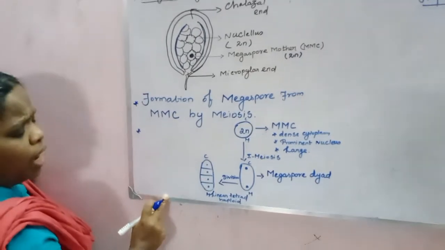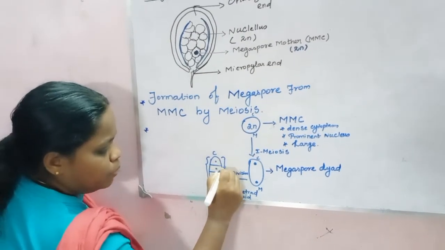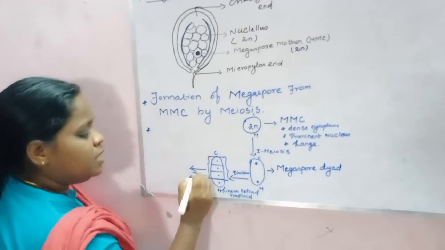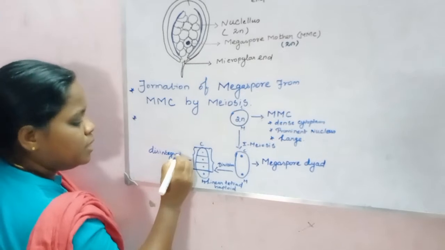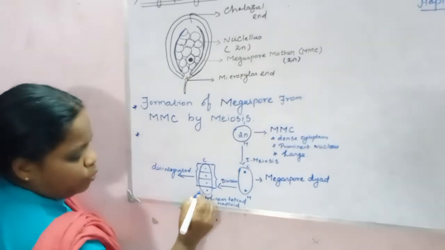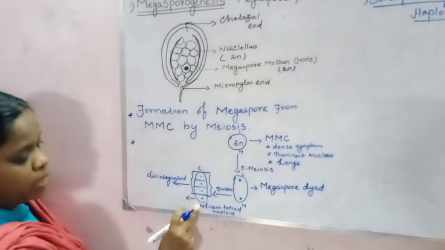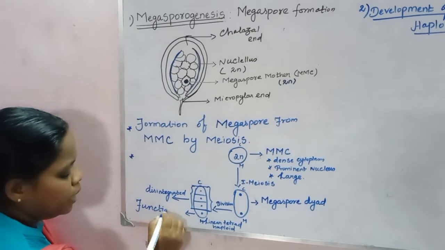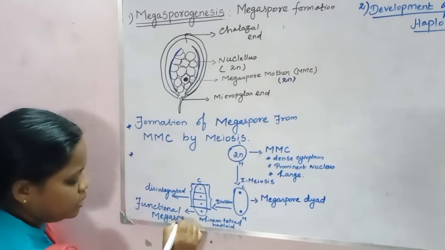Out of these four megaspores, the first three, present in the chalazal region, degenerate or disintegrate. Disintegrate means disappear. The remaining one megaspore, present in the micropylar region, becomes the functional megaspore. Are you clear? Only one megaspore is functional.